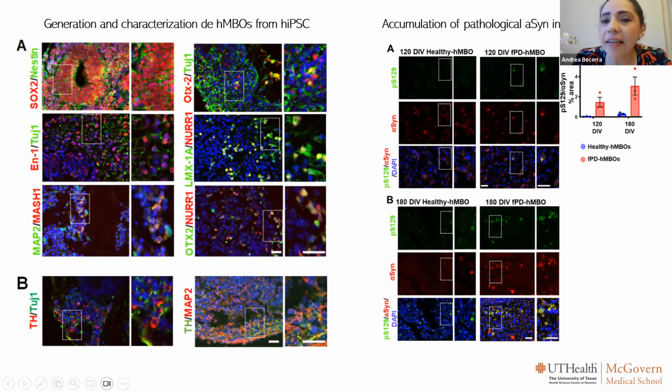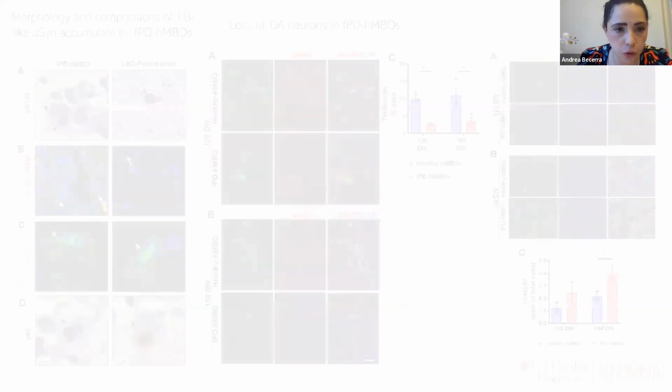And after 180 days, we found some phosphorylation of alpha-synuclein, mostly a hyperphosphorylation, intracellular, and then aggregations inside the dopaminergic neurons.